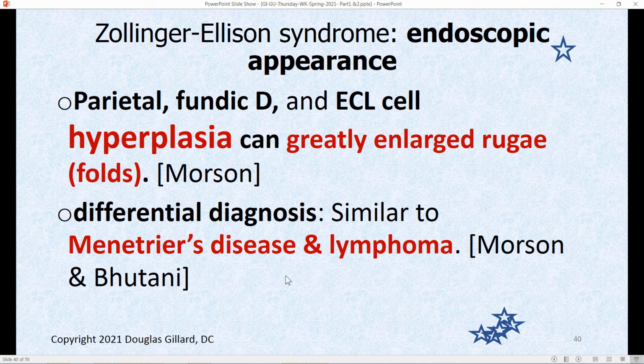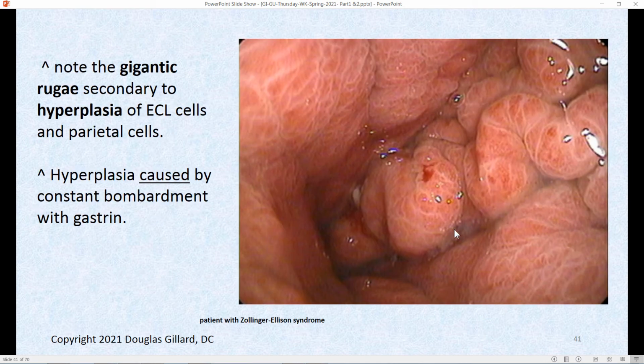And so having these gigantic rugae is a sign of Zollinger-Ellison syndrome, but there's some good differential diagnosis. Ménétrier's disease and lymphoma. They're both scary ones, so they can look like some scary stuff. So here in the pyloric antrum, where it's supposed to be smooth, you can see these huge, almost rugae in the pyloric antrum here, in a patient with ZE syndrome.